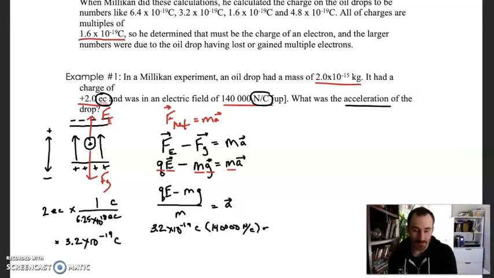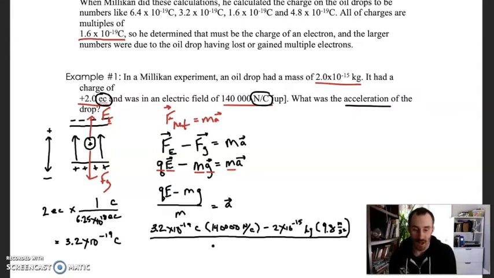My mass is 2 times 10 to the negative 15 kilograms, and g is 9.8 meters per second squared. Okay, that's my top side.